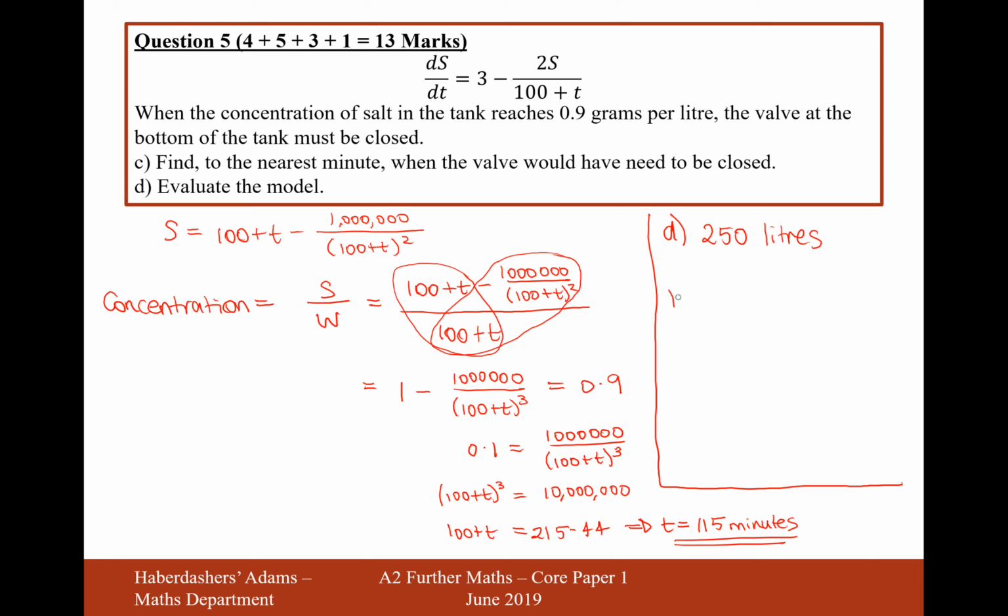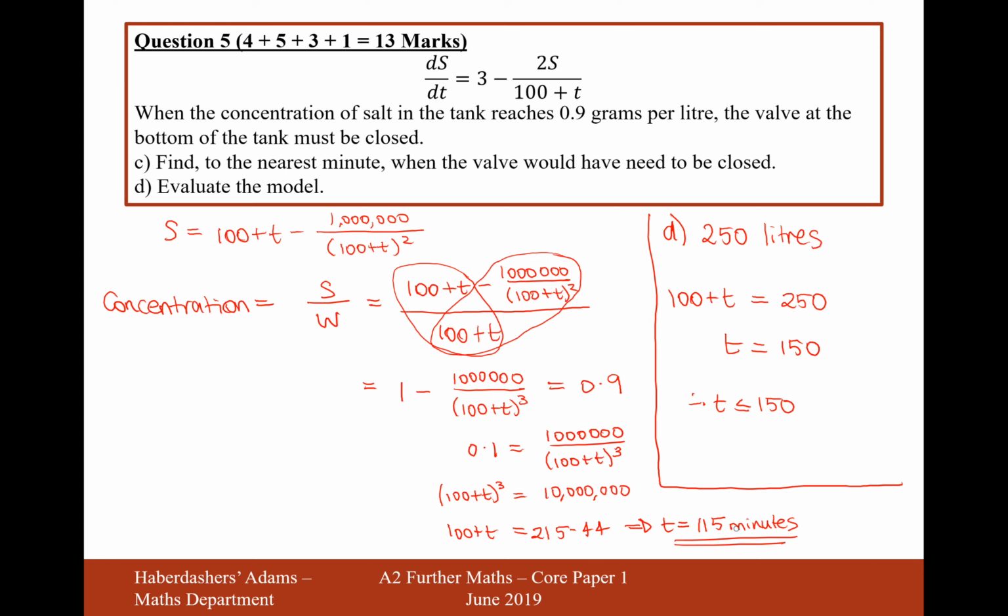So if the amount of litres in the tank, 100 plus t, is equal to 250, and if it starts to overflow, then t is going to have to be 150 when it starts to overflow, so therefore t has to be less than or equal to 150 in this model here. t can't go above 150 because otherwise it will start to overflow.